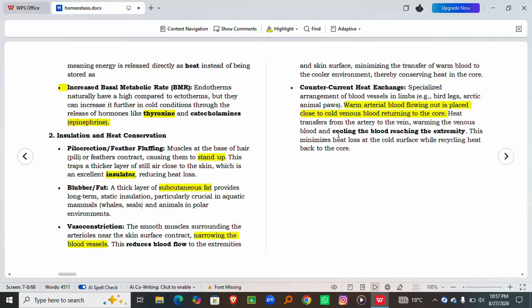And by so doing, the heat will not be lost to the surroundings. That is called countercurrent heat exchange, and you can find it in some organisms. Not all organs, but you can find it, for example, in the legs of birds, and in the Arctic animal flippers.